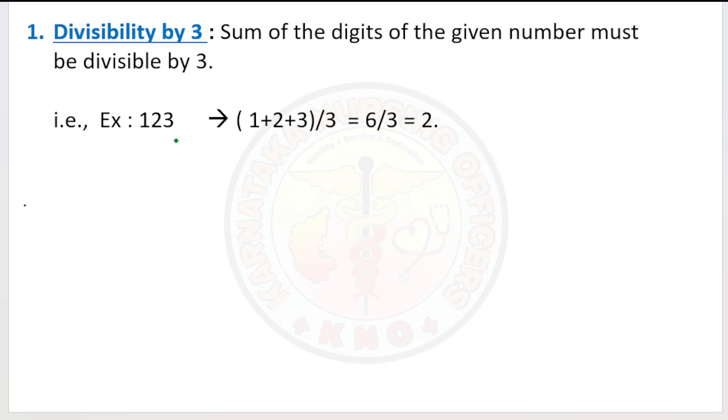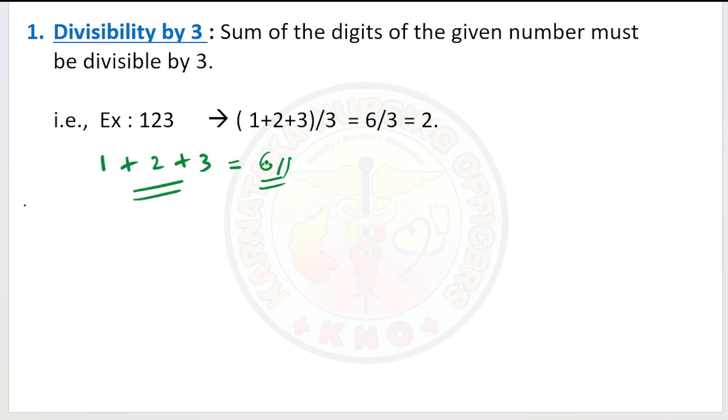For simple calculation, you have to do addition, that is 1 plus 2 plus 3. You have to add the digits of the number. 1 is a digit, 2 is a digit, 3 is a digit. If you add the digits, that gives 6.